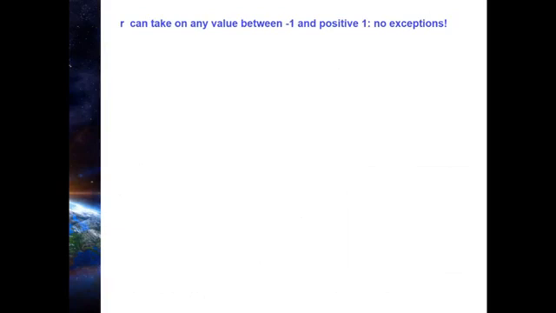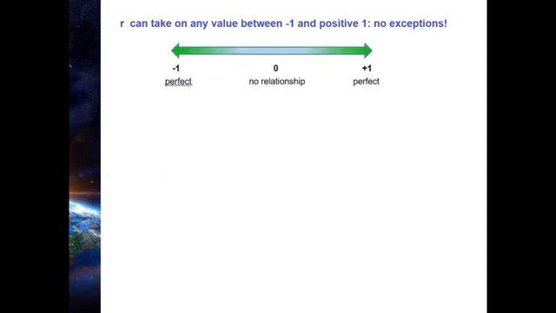So let's look a little bit more at the values for R, how the actual size of the R value tells you the strength of the relationship, and how the sign of the R value, whether it's positive or negative, tells you the direction of the relationship. We'll start with the strength of the relationship first.